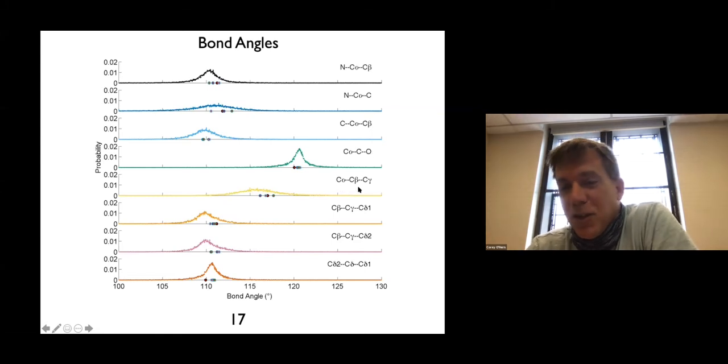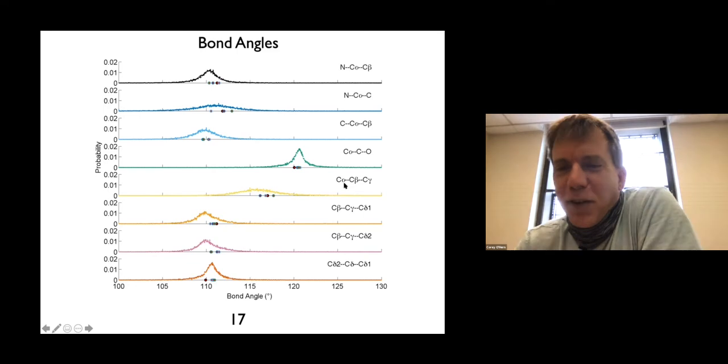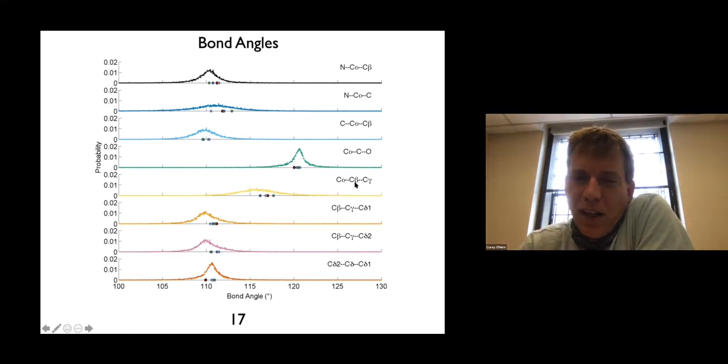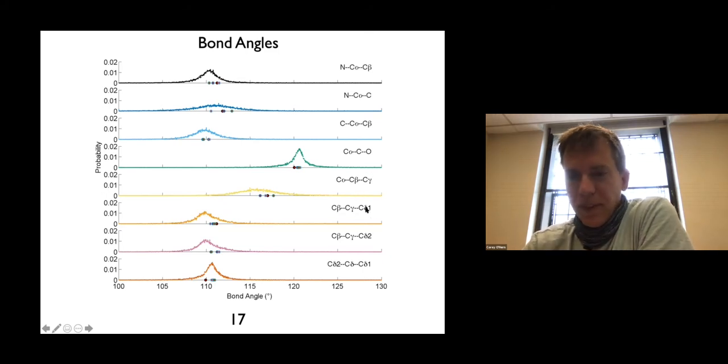And this next one is a C alpha carbon bonded to a carbon on the side chain, which is then bonded to the next carbon on the side chain. This can go on. After the gamma carbon, you can have a delta carbon and a delta 2 carbon for leucine and isoleucine.